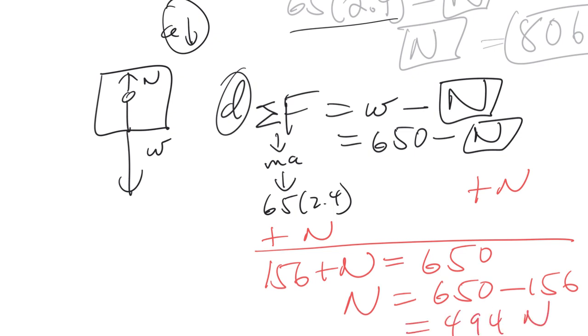So how's she gonna feel on that elevator ride at this point? Well, her normal force, the floor pushing up against her, or the scale pushing up against her, is less than her actual weight. She's gonna feel kind of lighter, like kind of closer to weightless.